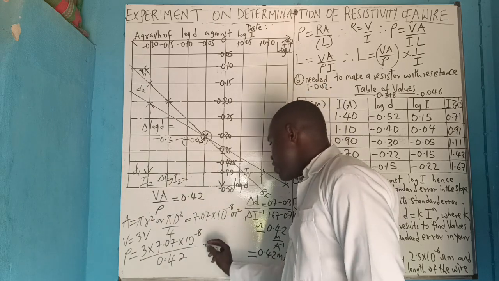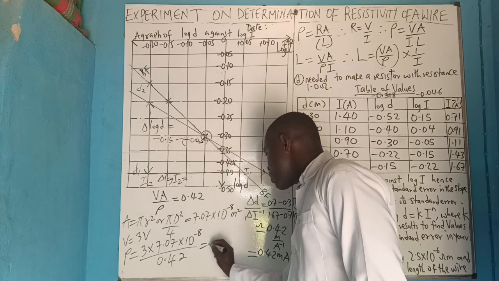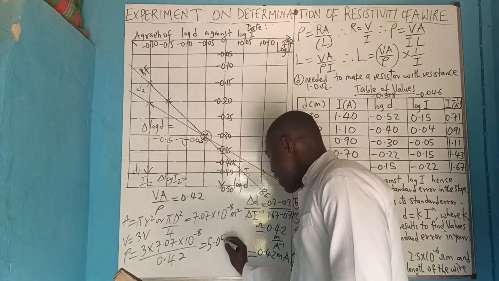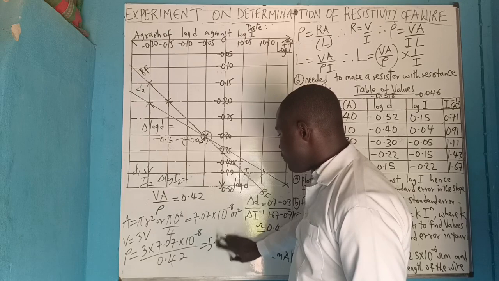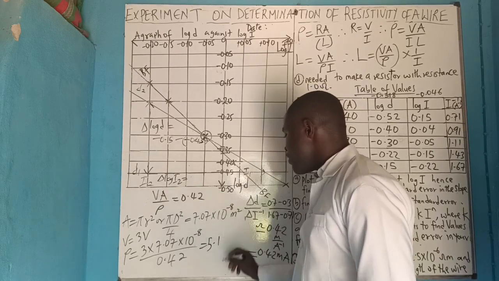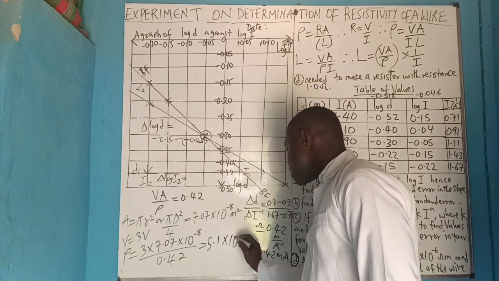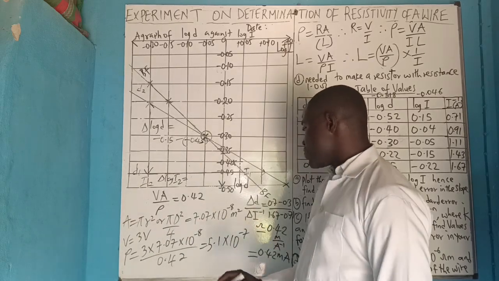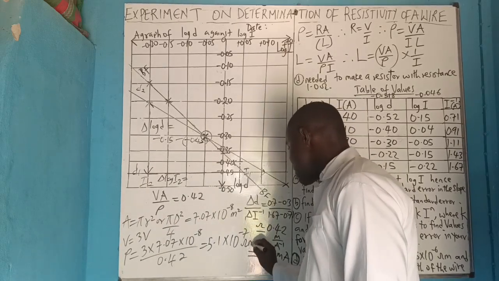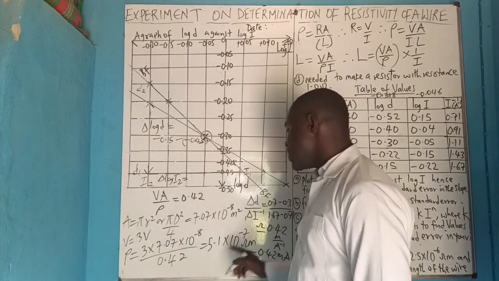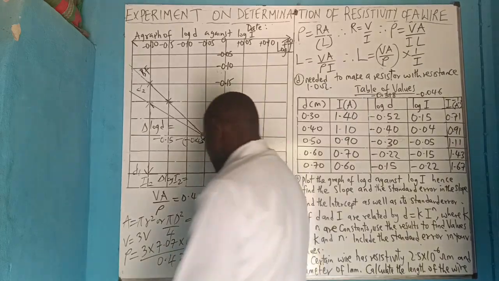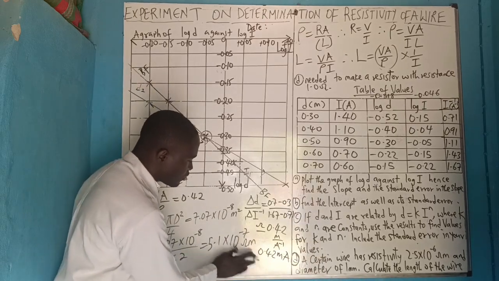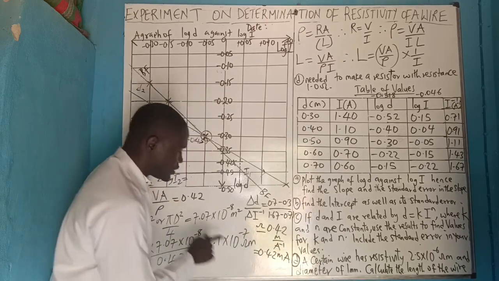That will be giving you about 5.1 times 10 raised to power of minus 7 ohm meter. The unit of resistivity is ohm meter. Okay? So be able to note all this we just solved. Be able to note it.